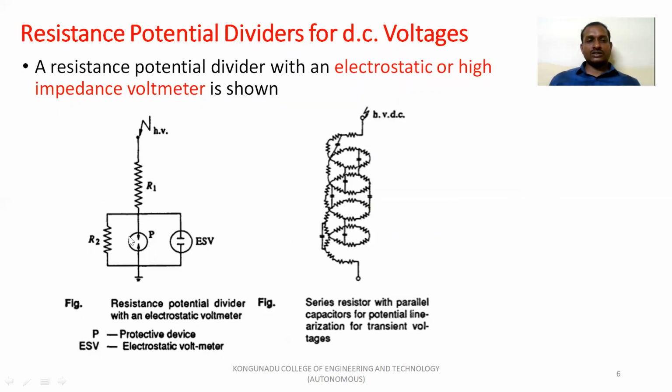These two resistors are connected in potential divider arrangement. P is called the protecting device, and ESV is the electrostatic voltmeter. We measure the voltage across the resistor R2 with the help of the electrostatic voltmeter. With the help of the voltage divider rule, we are able to calculate this high voltage very easily.